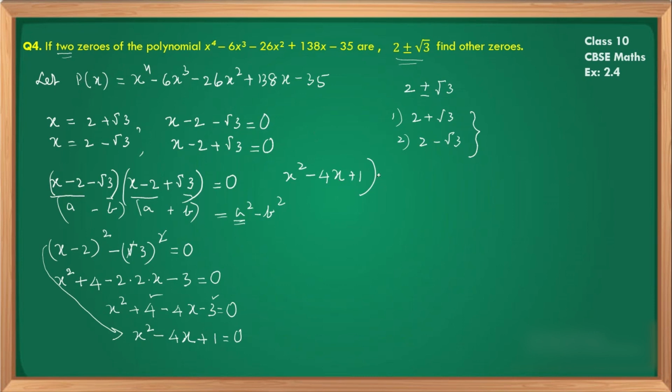Question is our given polynomial x to the power 4. Let us write down this here. x to the power 4 minus 6x cube minus 26x square plus 138x minus 35.